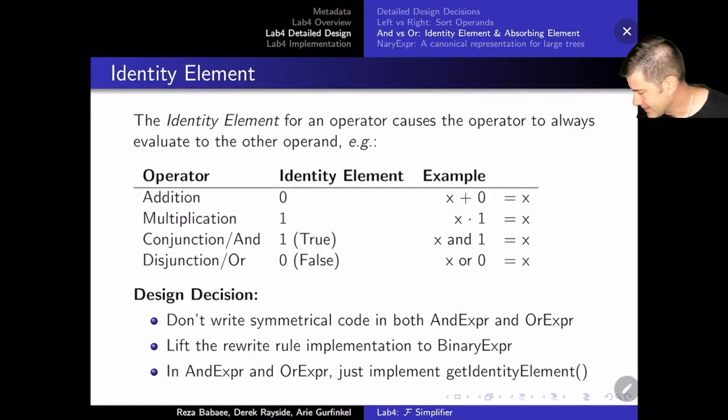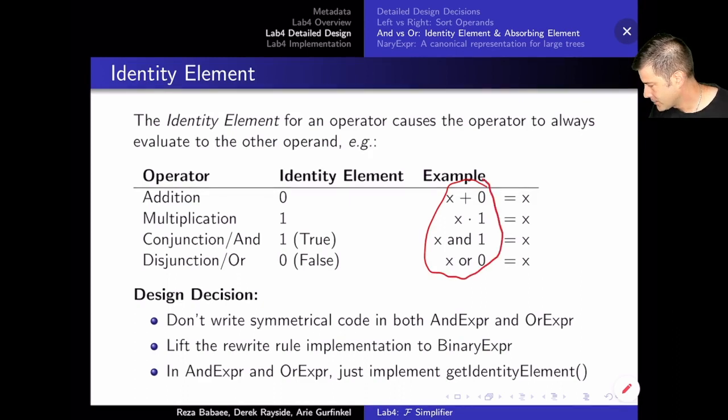Okay. Now, the second thing is this handling of AND and OR. Right? So again, we can see that the rules are structurally very similar. If we look at all of the rules in here, and think in terms of implementing them, they are all going to be exactly the same code.